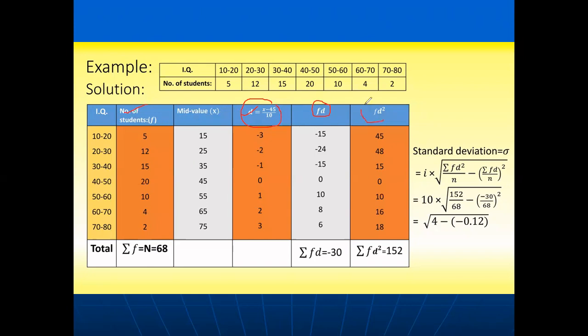We'll be getting fd square. These two values are important. Sigma fd is equal to minus 30 and sigma fd square is equal to 152. This thing you have to put into the formula. Then we have I is equal to 10. If you multiply and divide, you'll be getting the final answer.